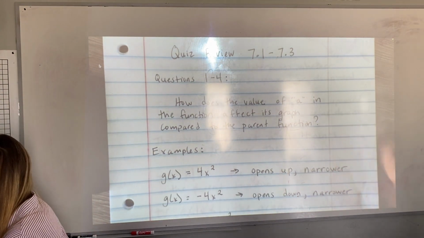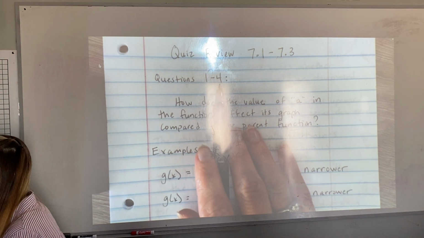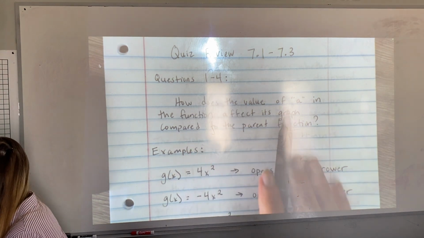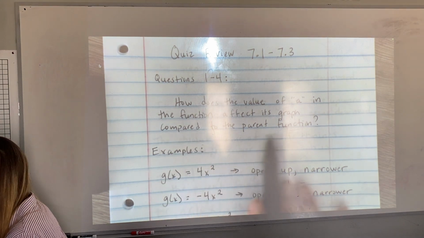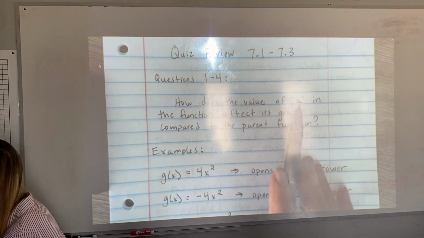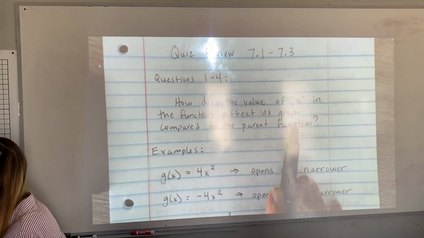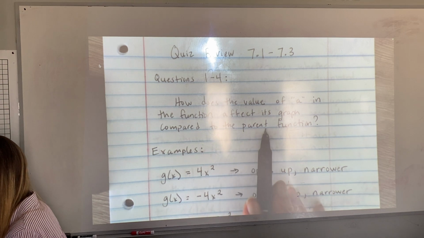Okay, so questions 1 through 4 will be very similar. They will all say something like this: How does the value of a in the function affect its graph compared to the parent function?